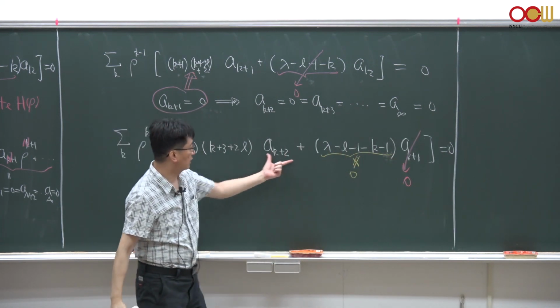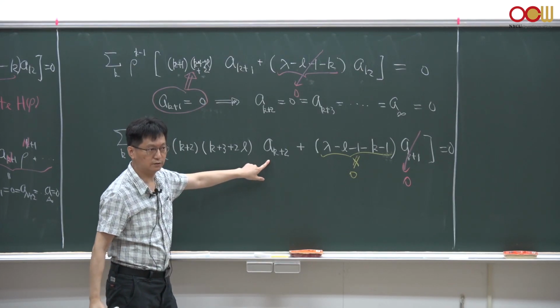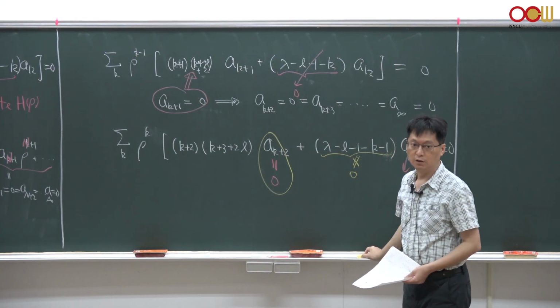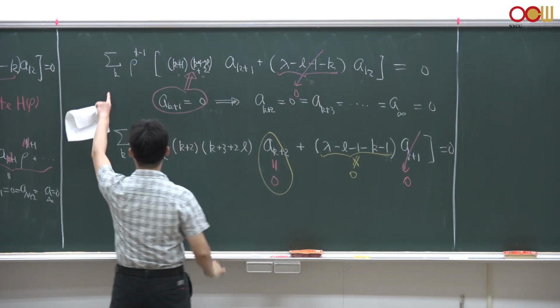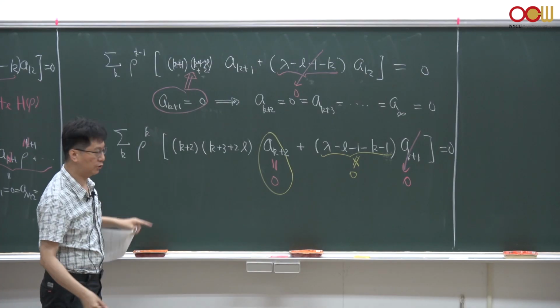So then you can look at this recursive relation, and to satisfy this, the only way that you could do that is by demanding that a of k plus 2 is 0. Okay? And then you could go on forever. So this is just the case where you shift k by 1, and you could shift k by 2.